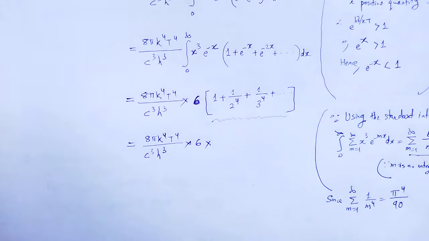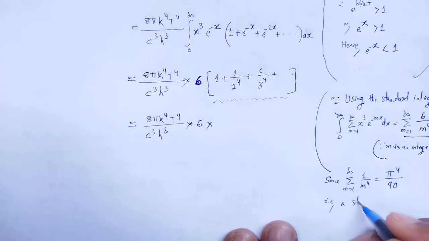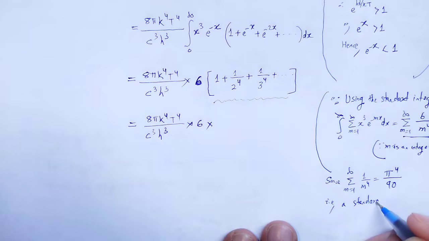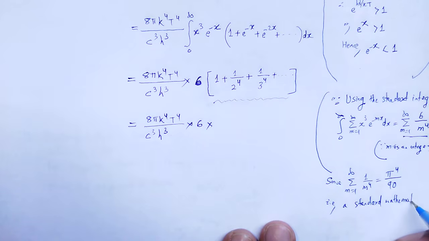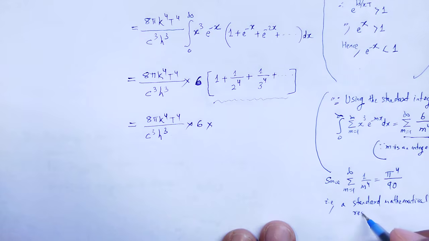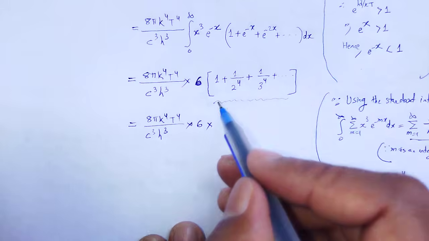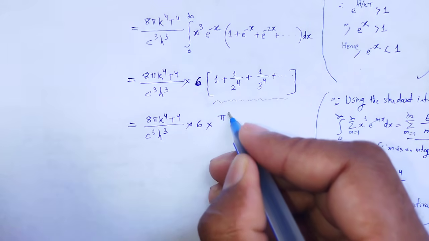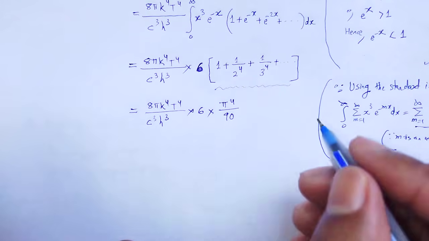That is a standard mathematical result. In that series expansion, the result is pi to the power 4th divided by 90.